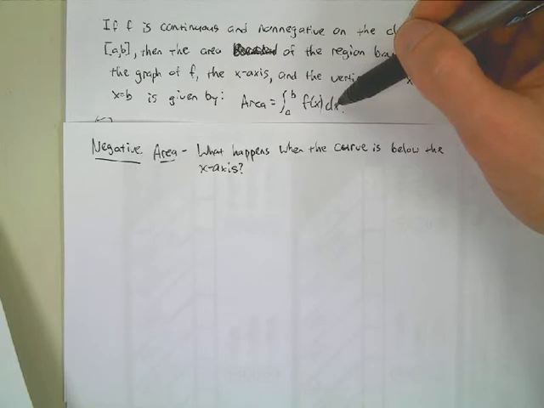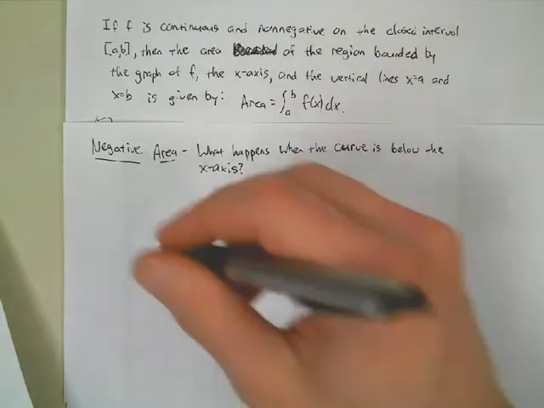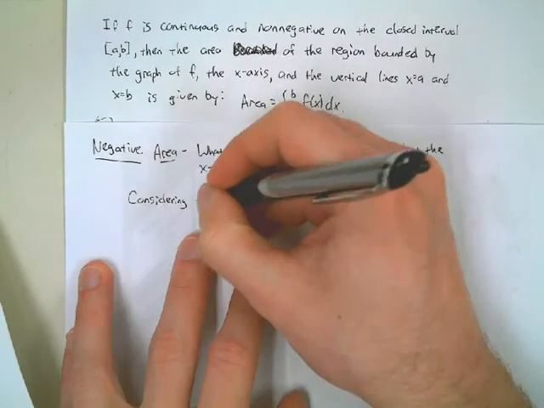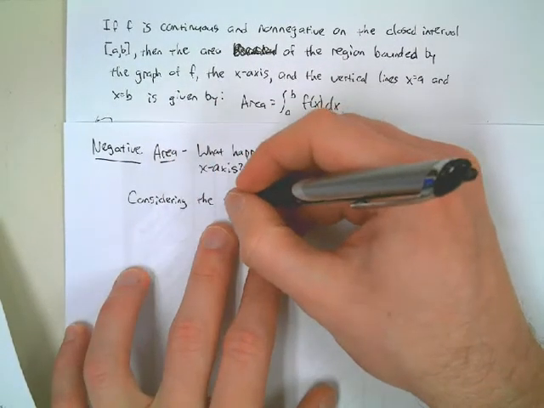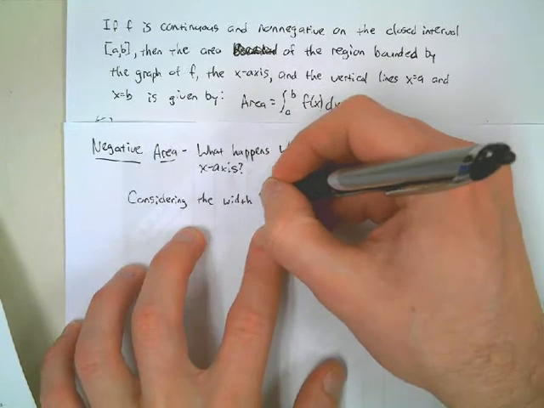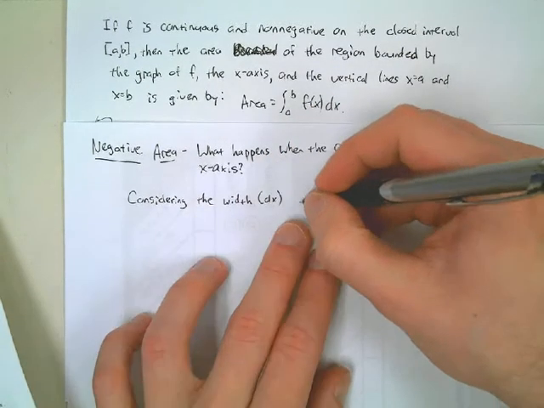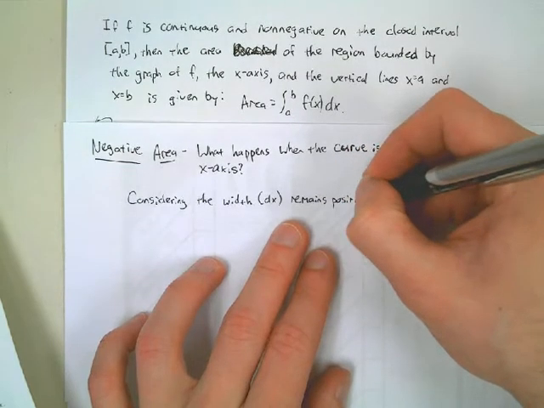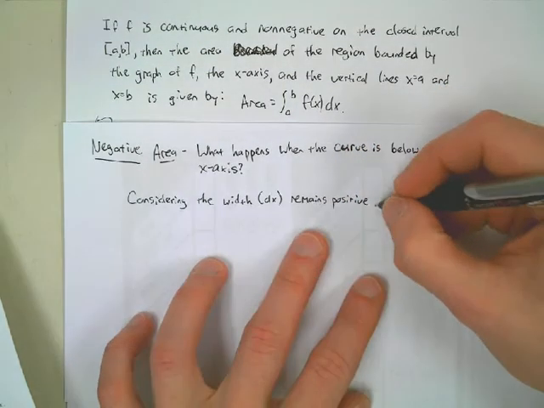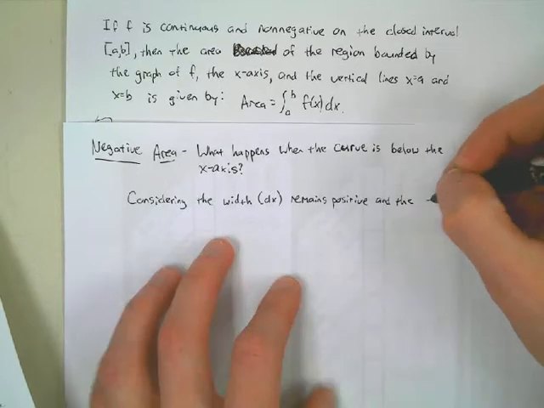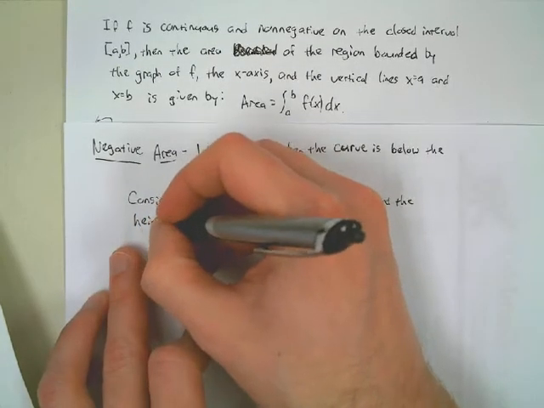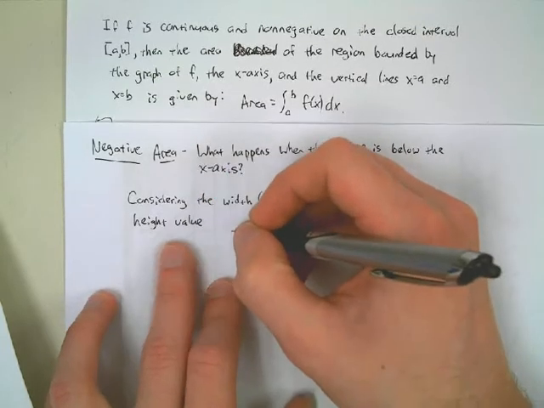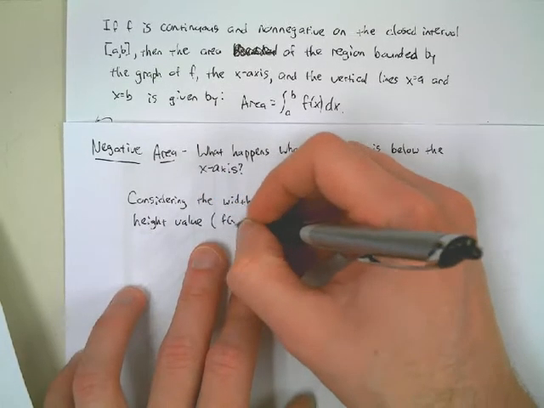So, considering the width, which again we know to be basically the dx, remains positive, and the height value, which is determined by f of x, is now negative because we're below the x-axis.